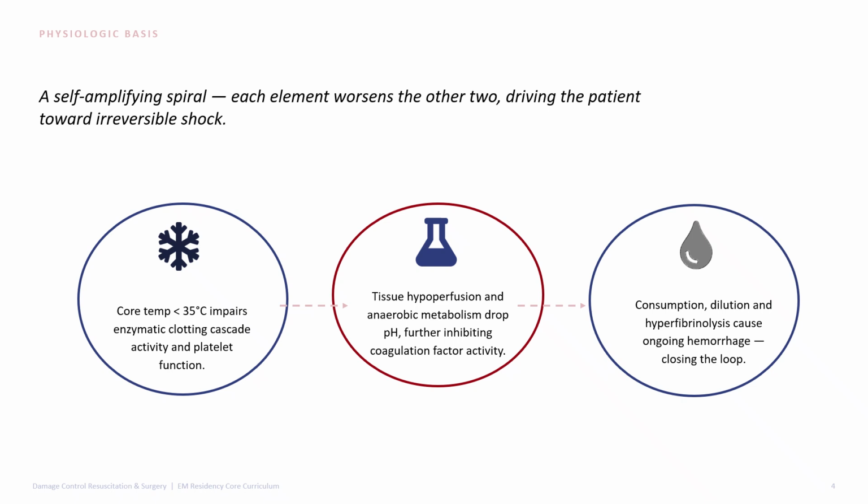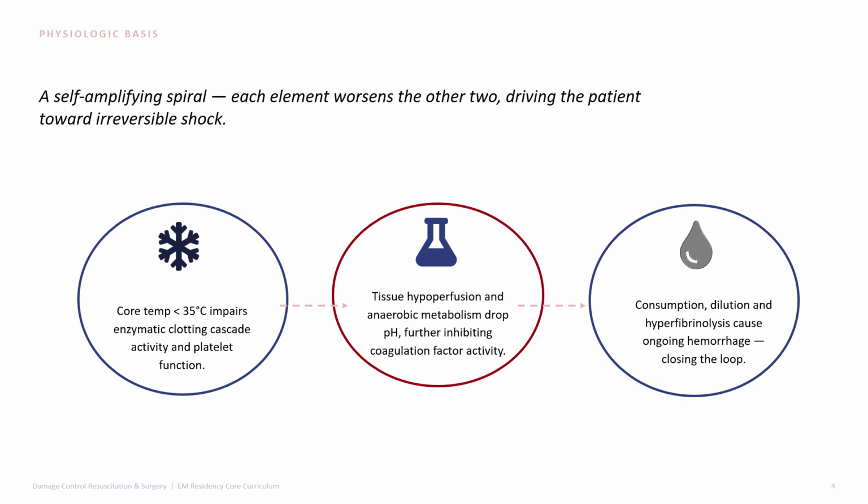If the core temperature is less than 35 degrees centigrade, it impairs the enzymatic clotting cascade and platelet function. That leads to tissue hypoperfusion, and ensuing anaerobic metabolism leads to metabolic acidosis, accumulation of lactate, and a drop in pH. This drop in pH further inhibits coagulation factor activity.